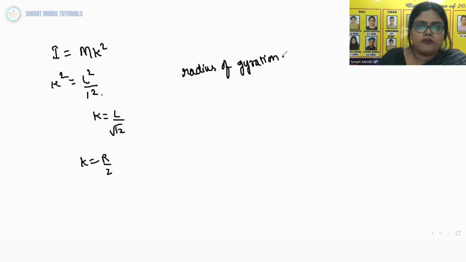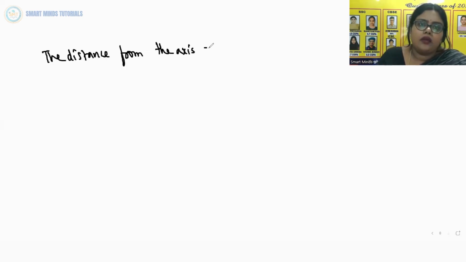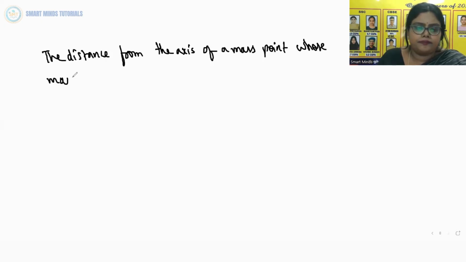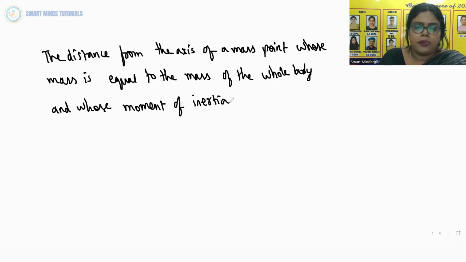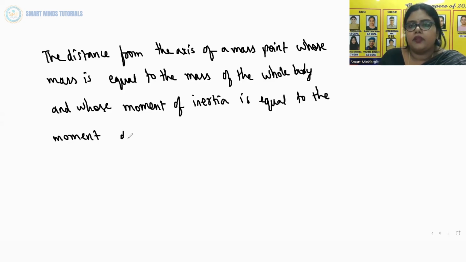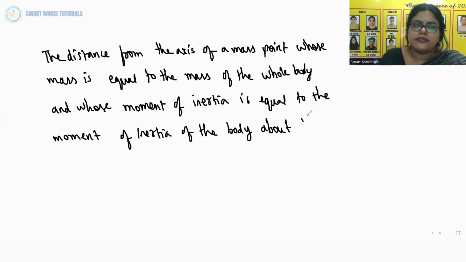So how can you define radius of gyration? You just take it down. The distance from the axis of a mass point whose mass is equal to the mass of the whole body and whose moment of inertia is equal to the moment of inertia of the body about the axis.